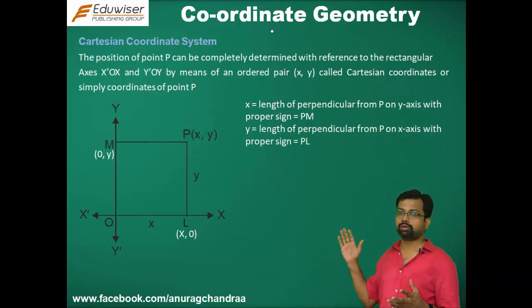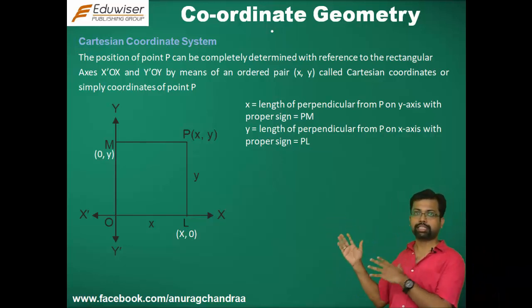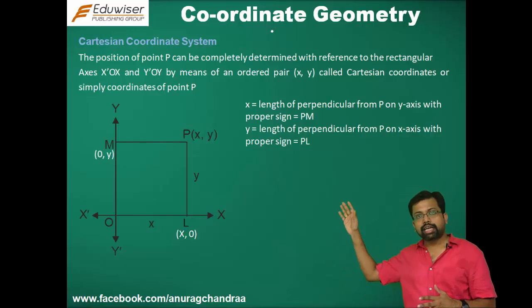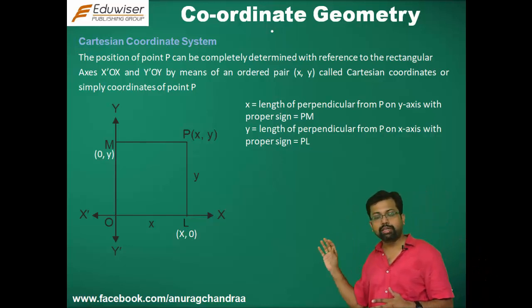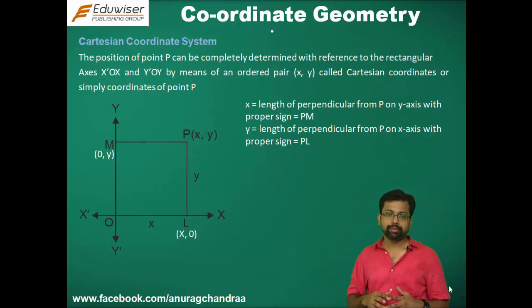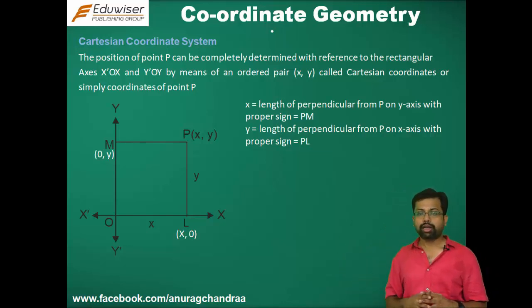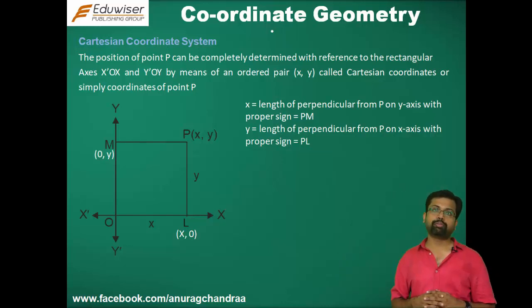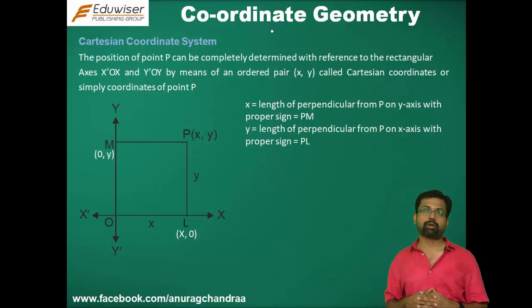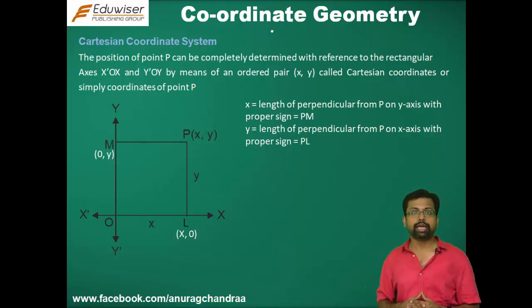With proper sign, we would come to that sign part in the next slide, but x is the length of the perpendicular P on the y axis with proper sign, and it is equal to PM, and y is equal to the length of the perpendicular P from the x axis with proper sign, which is equal to PL over here.